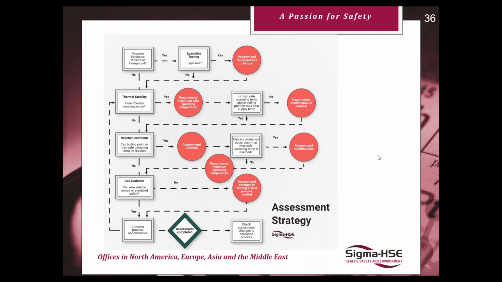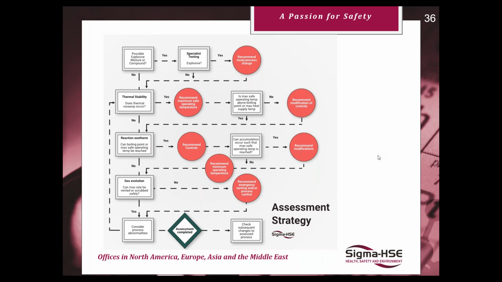And like I say, if you've done your assessment early doors, you may not know exactly what your plant looks like. So go through all of these stages, have your plant design P&IDs set up, you know what it's going to look like. Think again, what process abnormalities may occur now that has been established.